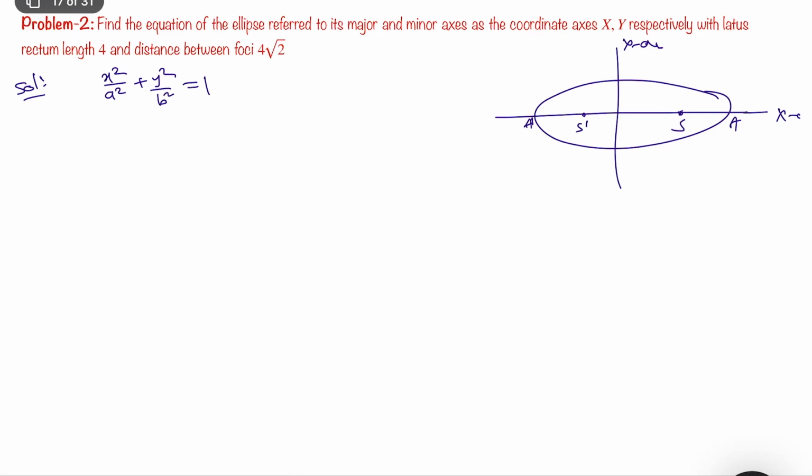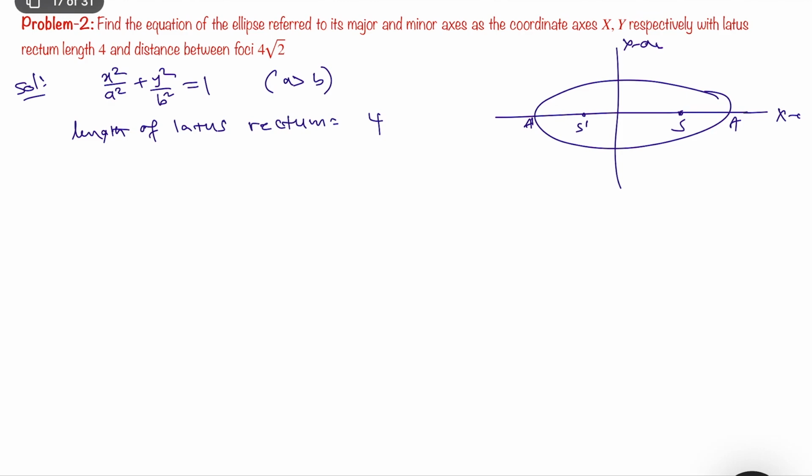And also here our major axis should be on this x-axis, so we are in a greater than b case. What is given here? Latus rectum length 4, distance between foci 4 root 2. What is the length of the latus rectum for a greater than b case? Length of the latus rectum here is given 4.